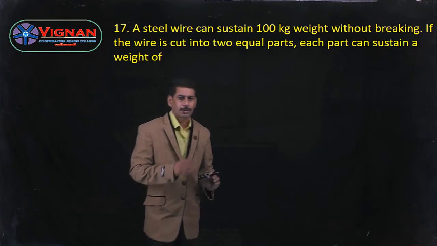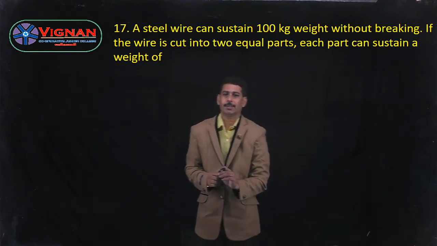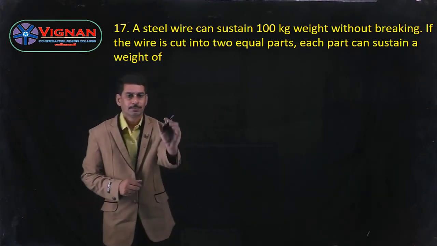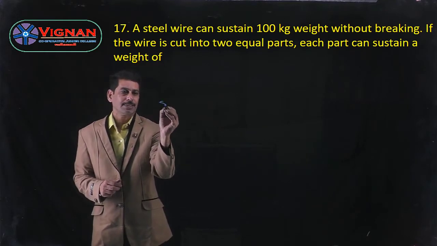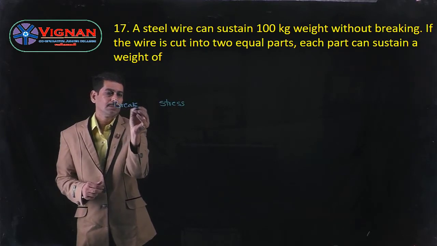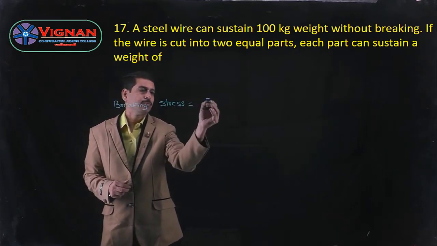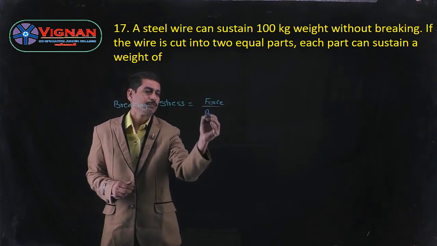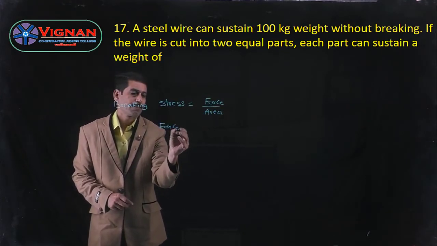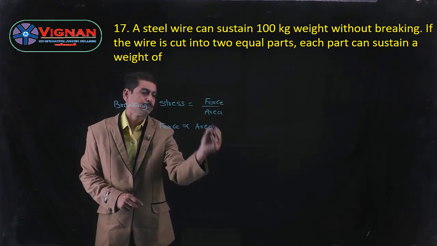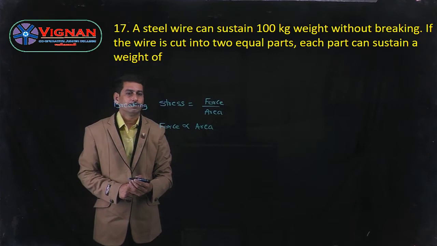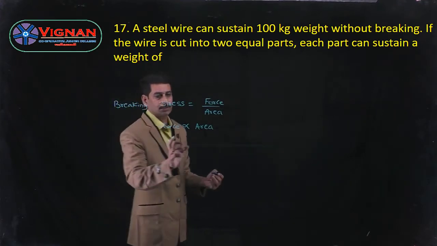See next problem. A steel wire can sustain 100 kg weight without breaking. If the wire is cut into two equal parts, each part can sustain a weight of. So the breaking stress is given as force by area. So here the stress is constant, so the force is proportional to area.